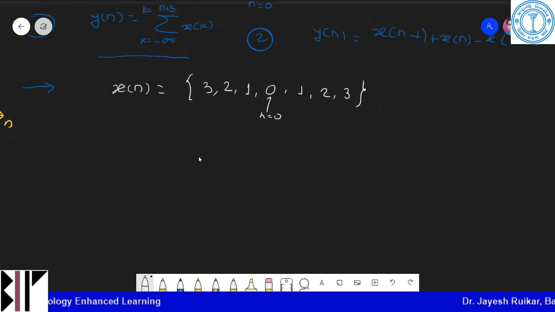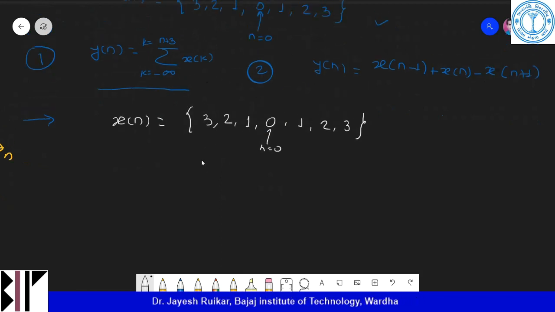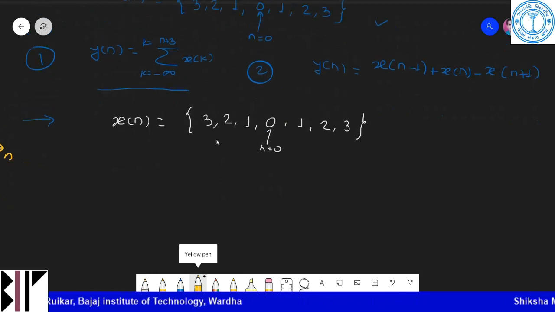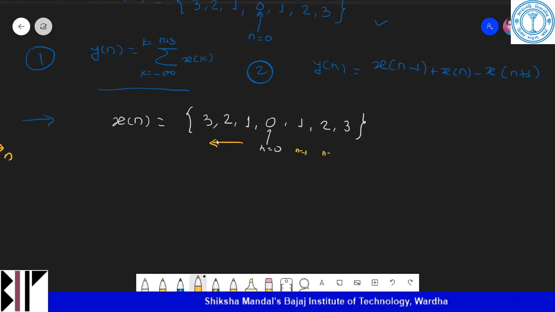What you have to do is put x of n. You have to start writing from n equals minus 3 for this particular equation, because you can see these samples. This is n equals 0. This sample is at n equals 1, this sample is at n equals 2, this sample is at n equals 3.